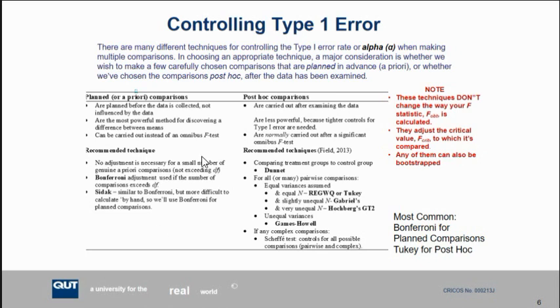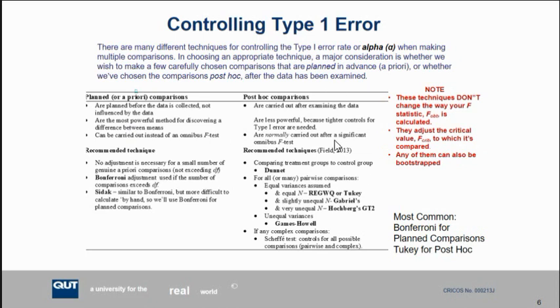So, for our a priori comparisons, the most common technique we have for adjusting for type 1 error rate is simply a Bonferroni adjustment, which simply means dividing 0.05 by the number of comparisons we need to make to keep our overall type 1 error rate for all the comparisons at 0.05.